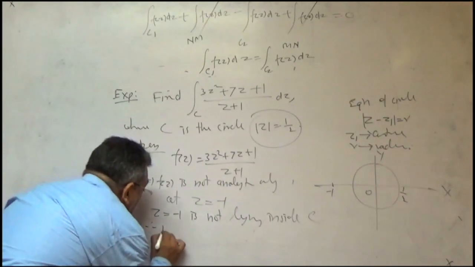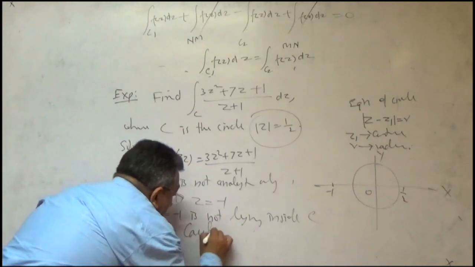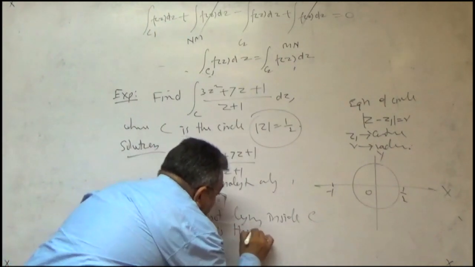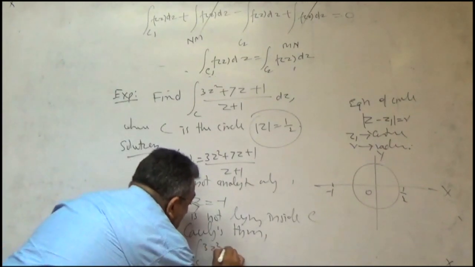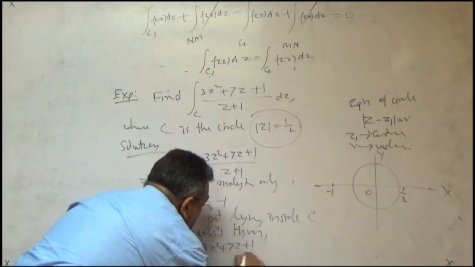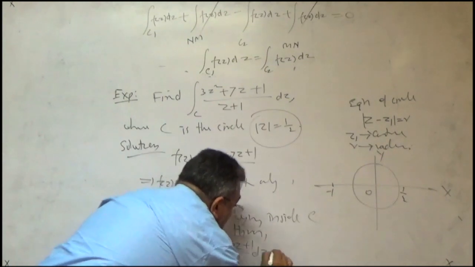So therefore, by Cauchy's theorem, the integral over C of (3z² + 7z + 1) upon (z + 1) dz is equal to 0.